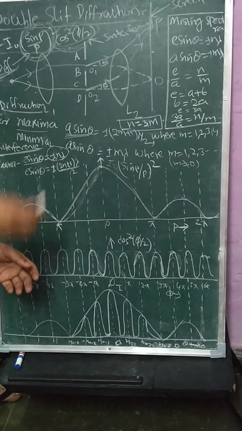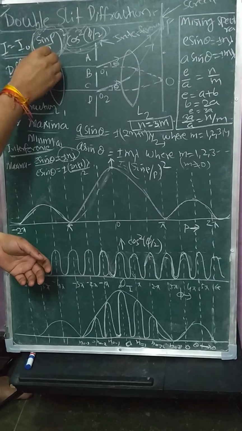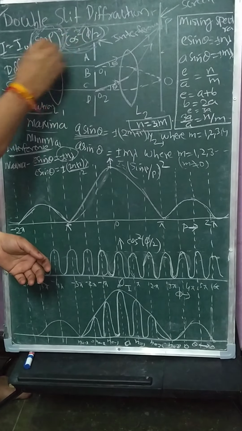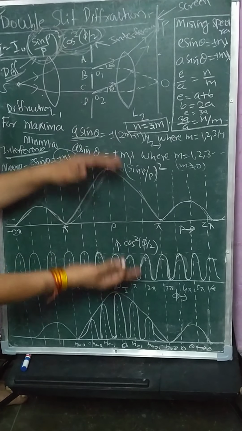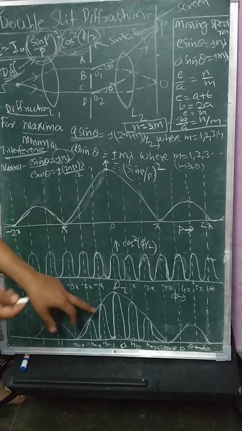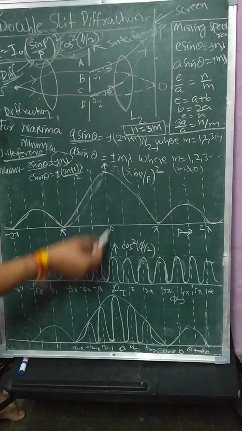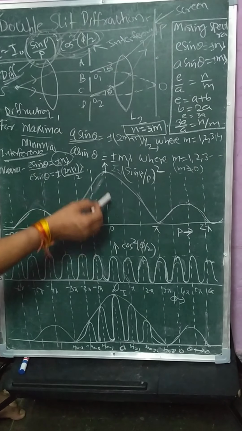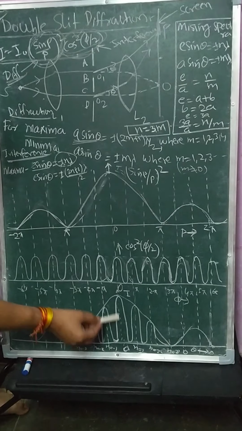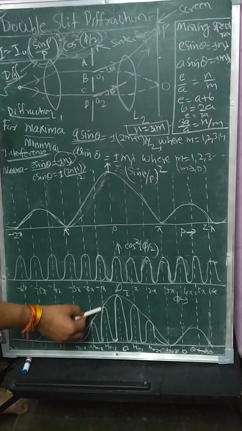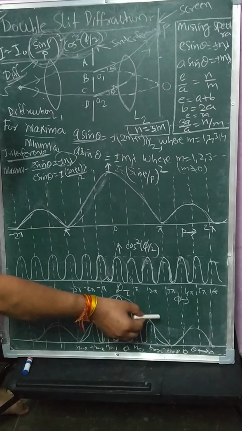Okay, but we are discussing common I equal to I naught (sin p upon p) square cos square pi by 2, where both steps are included. So we combine both graphs, first and second. So we see in this third graph the combined pattern. This covering is the diffraction and inside is the interference.